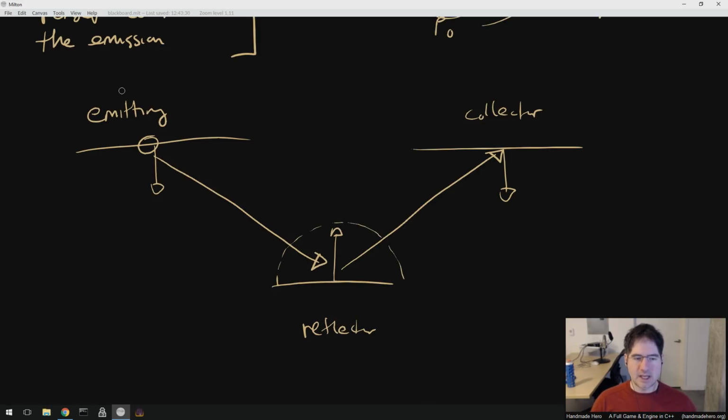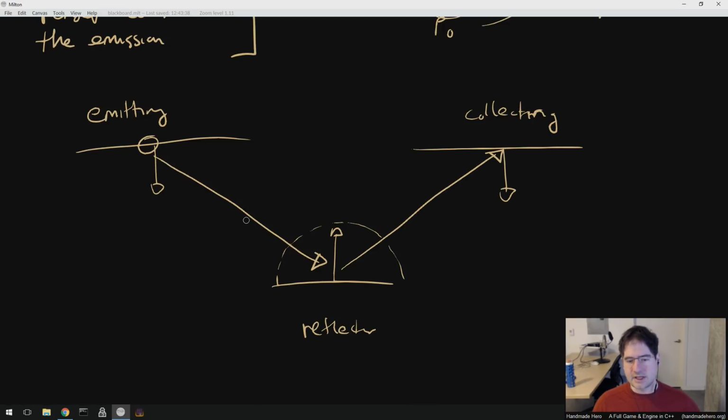So, if this is something that's emitting, I guess I should say collecting. I said emitting. So I have something that's sending photons this way, and I have something that's collecting photons over here, and I'm bouncing them out, right?